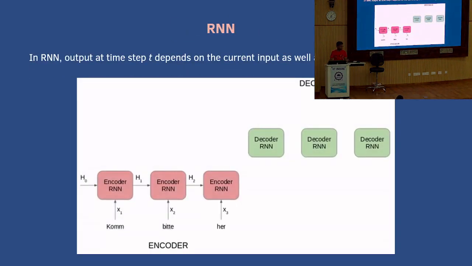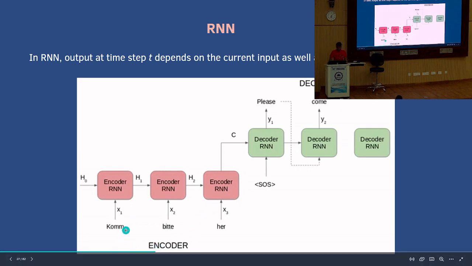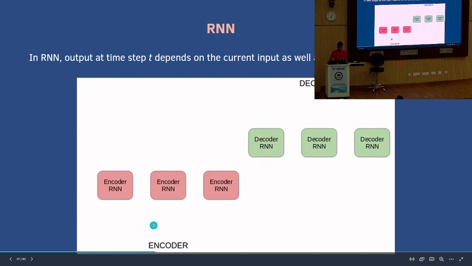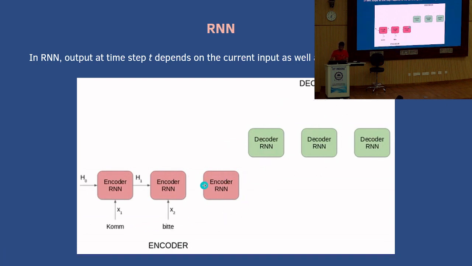So now we will look at the first model, which is the recurrent neural network. Here there is a German to English example. The German sentence is "Komm bitte her." Initially the first word X1 goes to the encoder RNN, then its output H1 goes to the second encoder along with the second word.